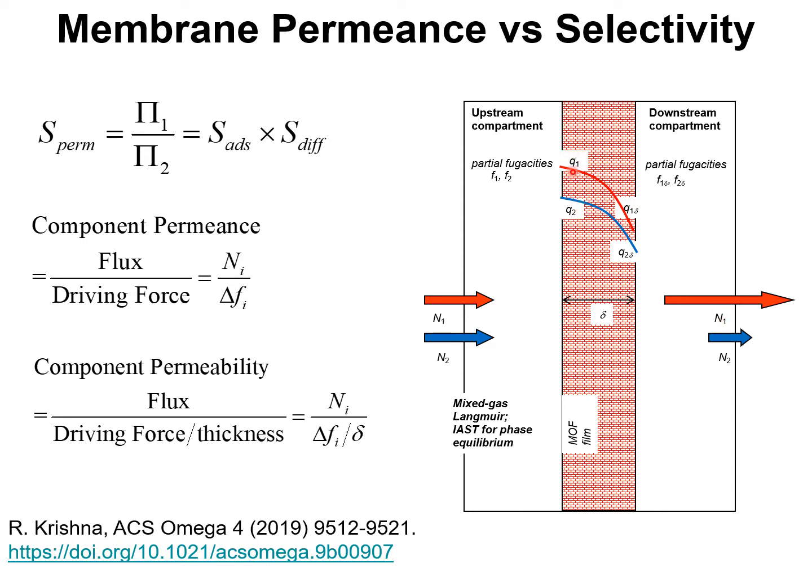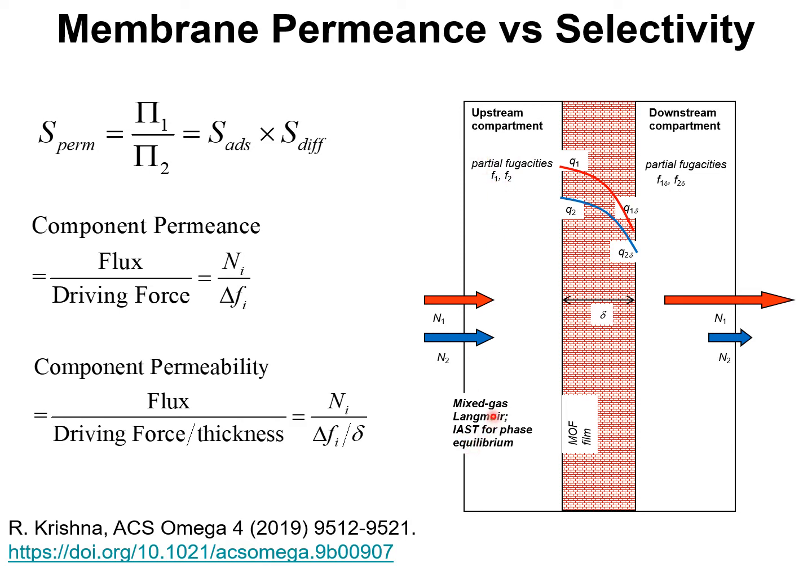It is to be emphasized that these component loadings q1 and q2 need to be determined by applying the correct model to describe mixed adsorption equilibrium. In general, we need to use the ideal adsorbed solution theory, IAST, to determine the component loadings q1 and q2 for a given set of partial fugacities in the upstream compartment.